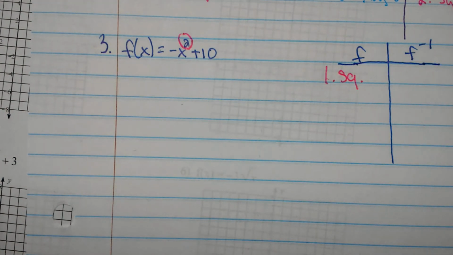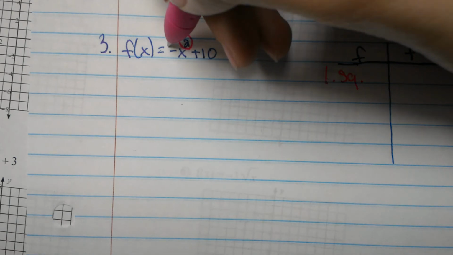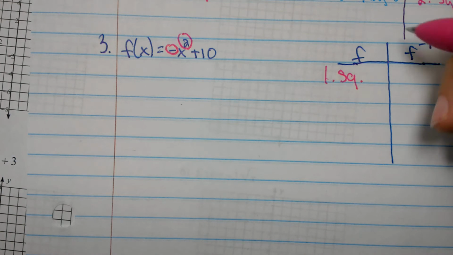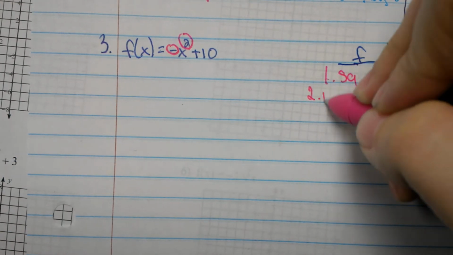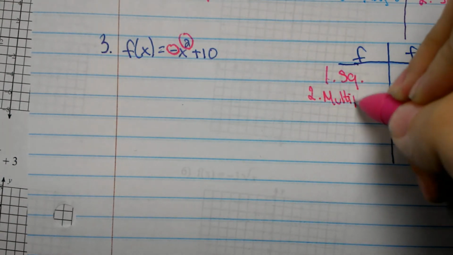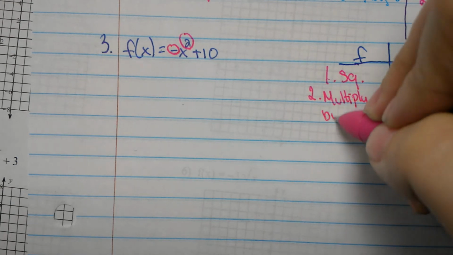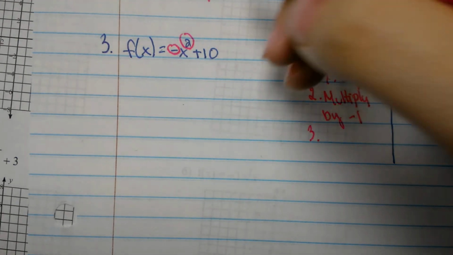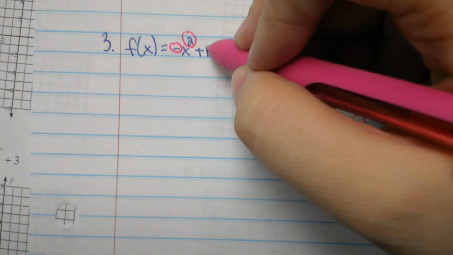So I'm going to square. Then I multiply by a -1. Then I added 10.